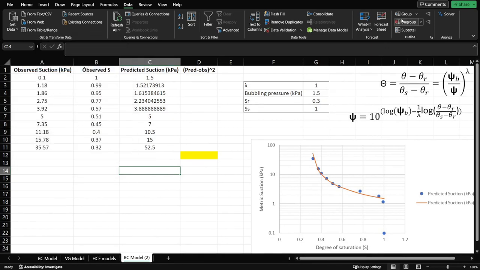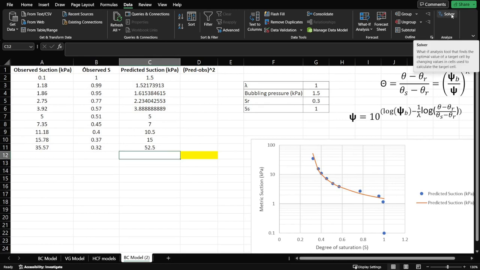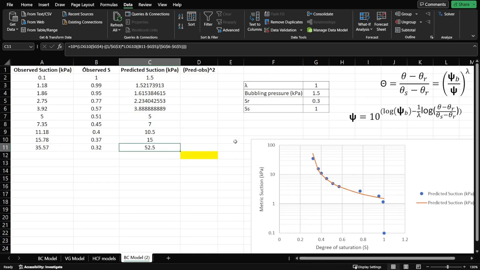In this way you will have this solver add-in here. What this solver does is that if you define to this solver that you need to optimize this value by varying these particular values, then it will vary these values to find the optimum solution for that particular value.